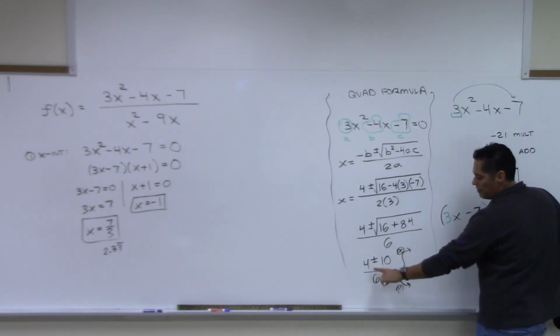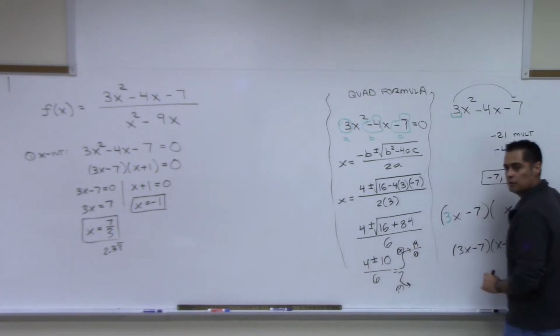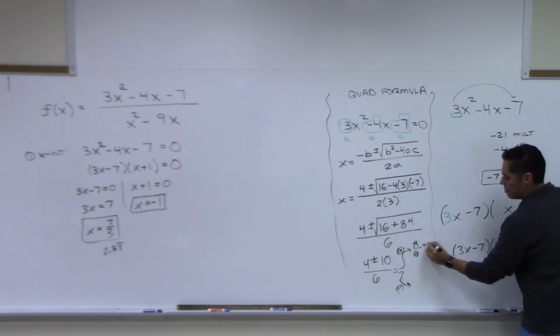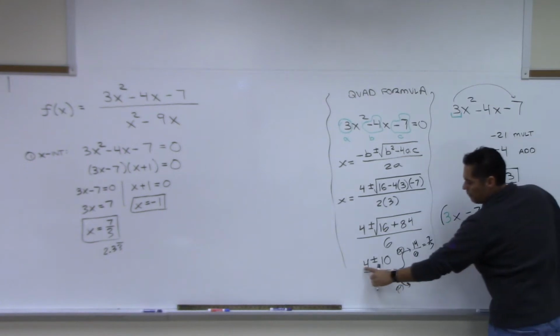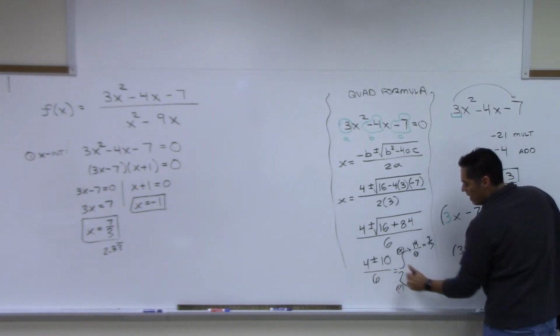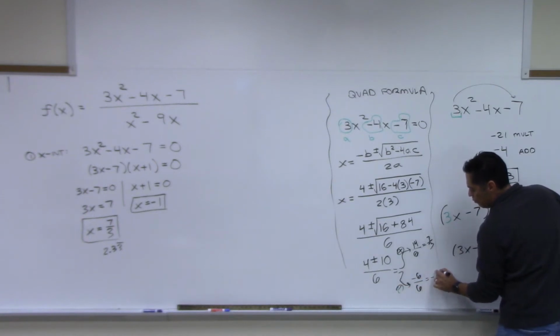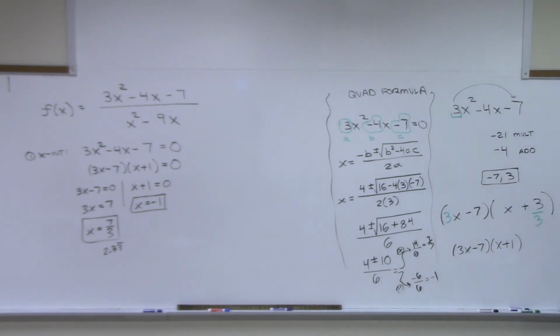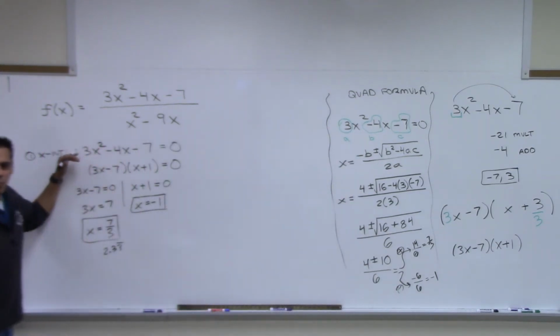So if I do plus, I'm going to do this in my head. 4 plus 10 is 14 over 6. That reduces to 7/3. 2 goes into both. 4 minus 10 is negative 6 over 6, and that's negative 1. Same 2 answers. Y'all see that? I don't care which way you do it. So step 1 done.